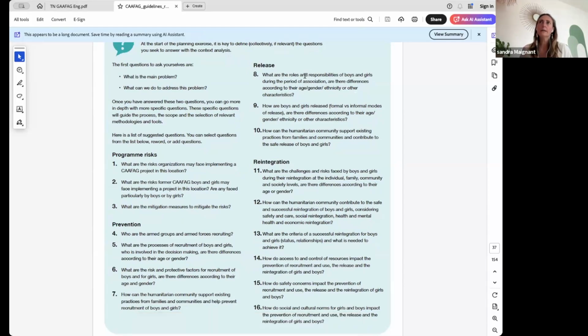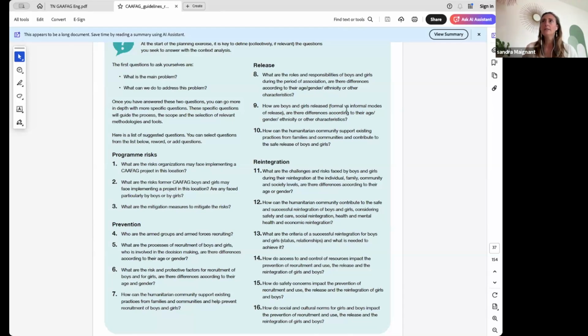For the release, here you have 3 questions. The first one is on roles and responsibilities, because we know this may have an impact on the release, depending on the level of responsibility and the status that some children may have in the armed group. We know this may have an impact on their exit and the way they can leave the armed group.